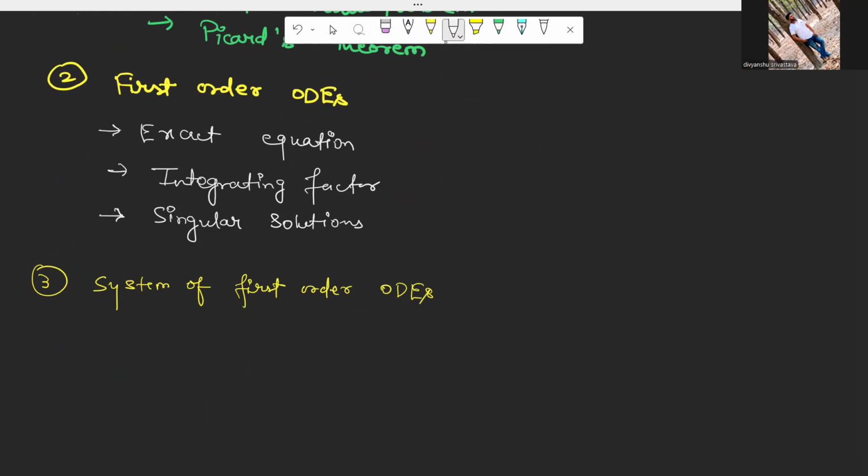In this section, questions will be asked from the matrix method. The second thing is linear system.